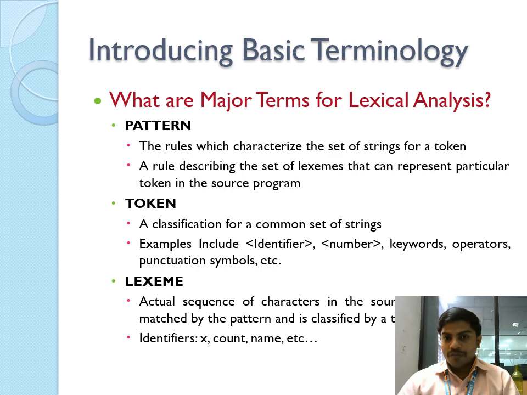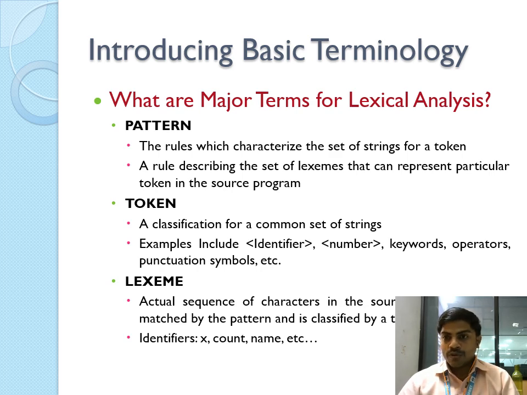Pattern is a format, in other words. Pattern is a rule which describes or specifies how a token should be. Pattern is simply called a rule, how the token should appear. That is the fundamental principle. To say again, lexeme is a group of characters.